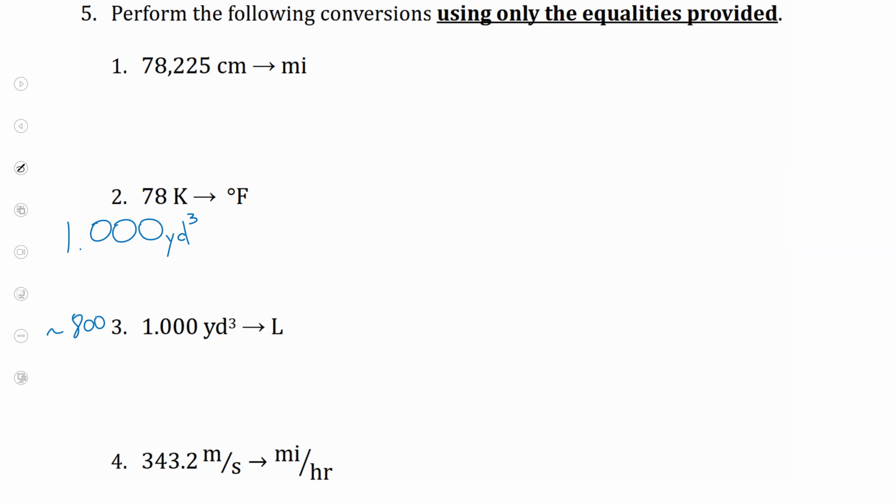You don't have to show your work for that, but this will let you know if you screwed something up. So 1 cubic yard, how can we get to liters? Well, we can go from cubic yards to cubic feet.